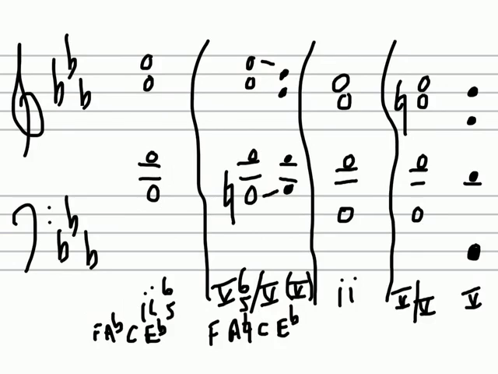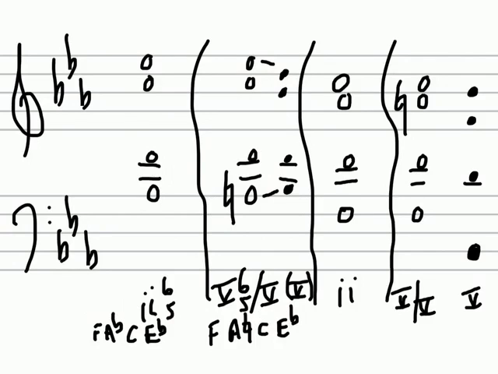At the cadence, instead of the regular 2 chord, which would be F, A flat, and C, instead we get F, A natural, and C, which goes to 5 at the half cadence, but of course we're in the key of E flat.